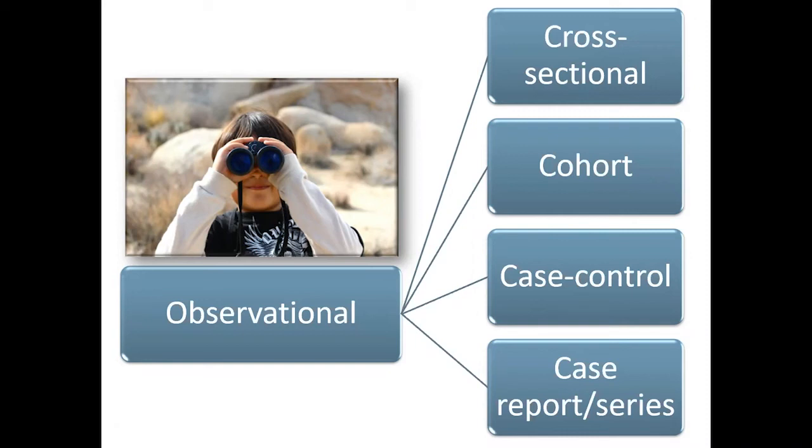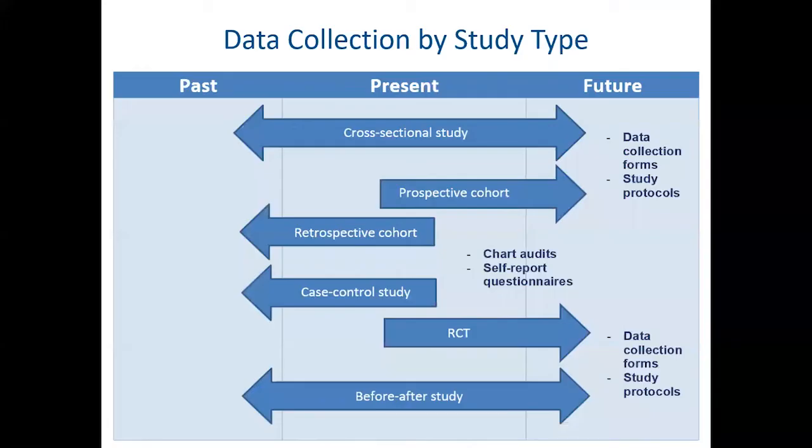Case reports and case series are used to provide very detailed descriptions of clinical courses of a patient or a small group of patients with a specific disease or set of symptoms to try and understand what's going on. And each of these types of studies has its own advantages and disadvantages. The main thing I did want to point out today is that they have very specific timelines and ways of collecting data.